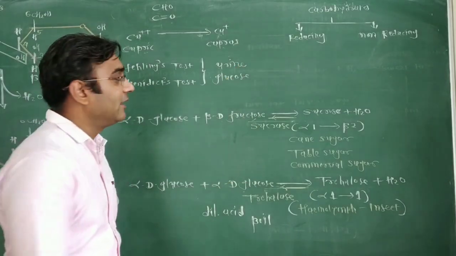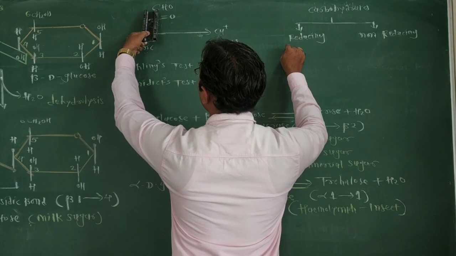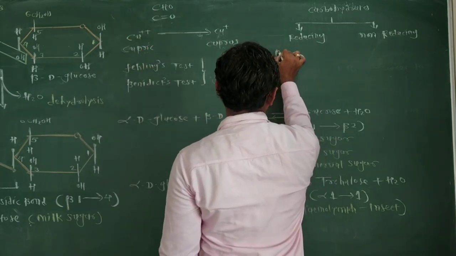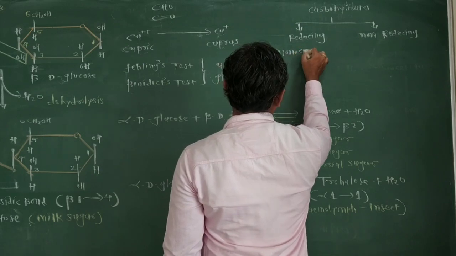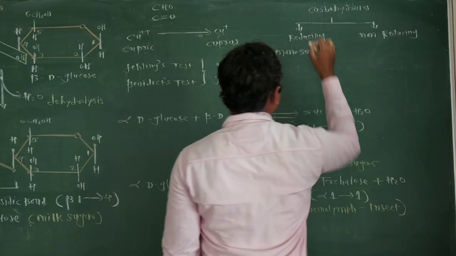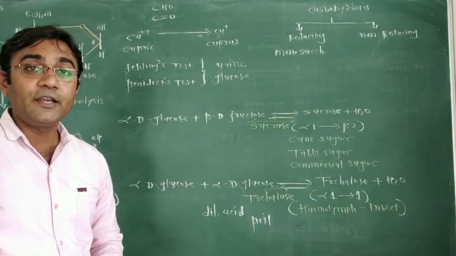Now we know clearly, all monosaccharides have aldehyde and ketone groups free, so all monosaccharides are examples of reducing sugar.